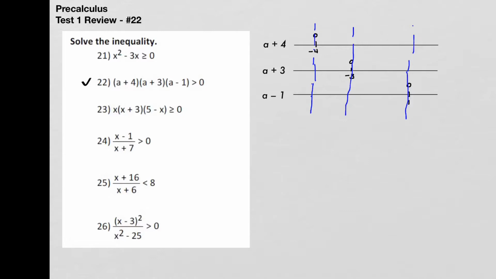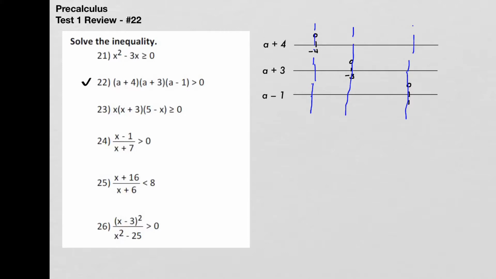So I've got 4 intervals now: the first interval, second interval, third interval, and then fourth interval. And I have that for each of the factors. So for each individual factor, I'm going to determine, is the factor positive or negative in this particular interval.